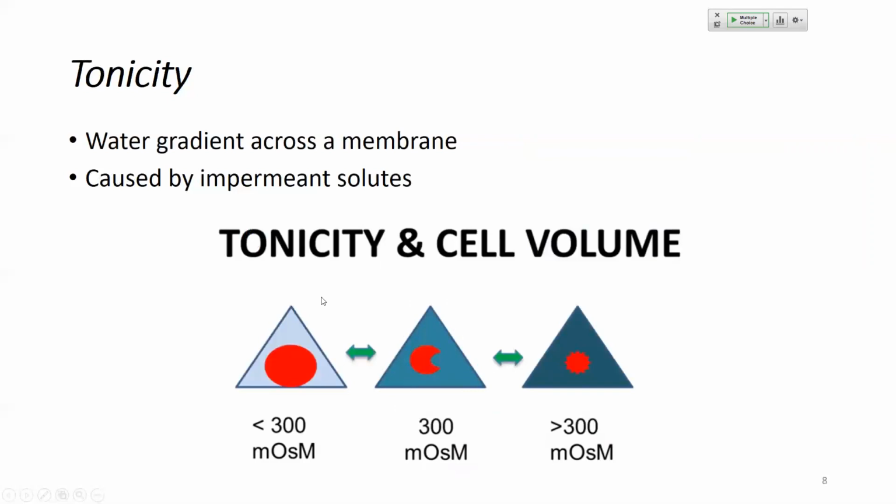If we look at a hypotonic solution, that is going to increase the flux of water into the cell, and the cell will swell. On the other hand, we have hypertonic, where water will move out of the cell and the cell will shrink. So really looking at the effect of the solution on water is what will define the tonicity.